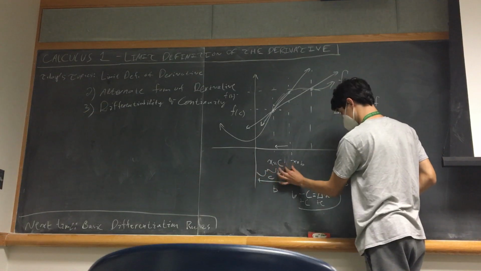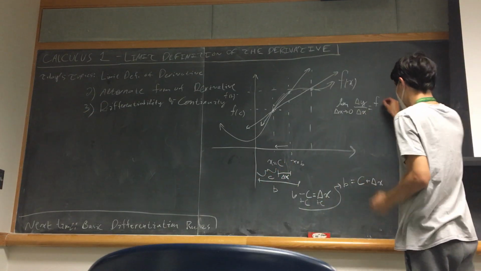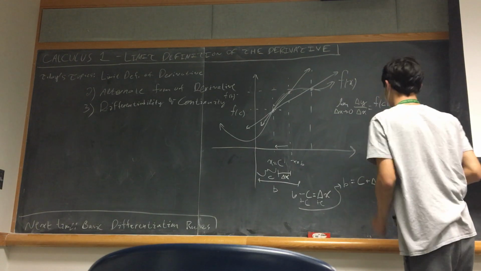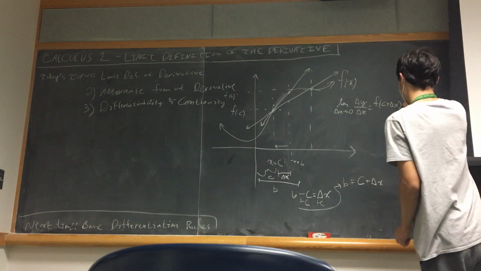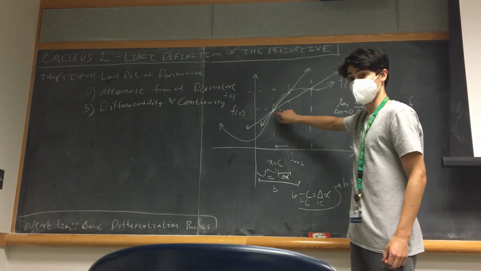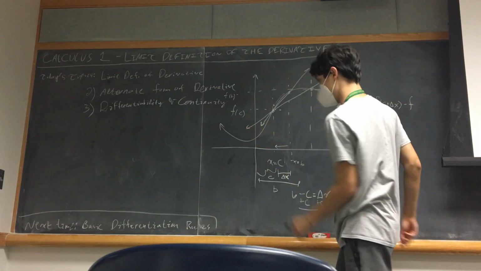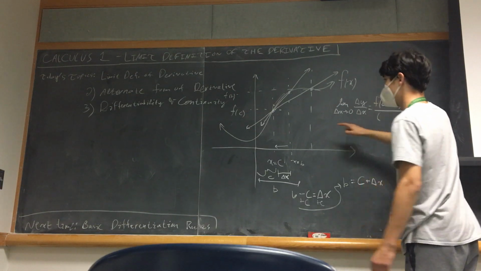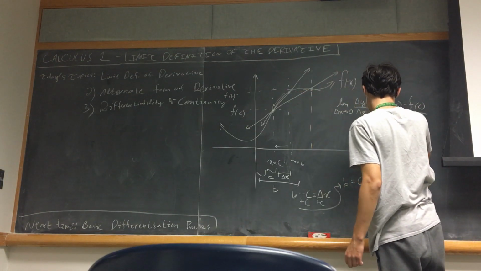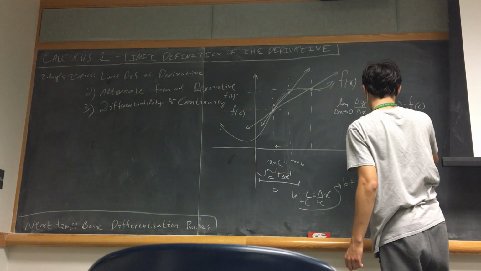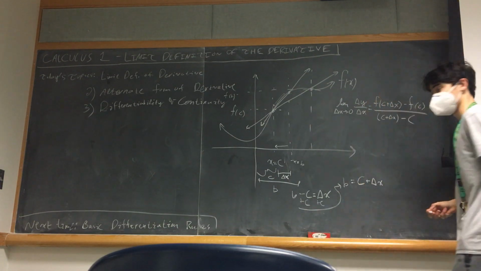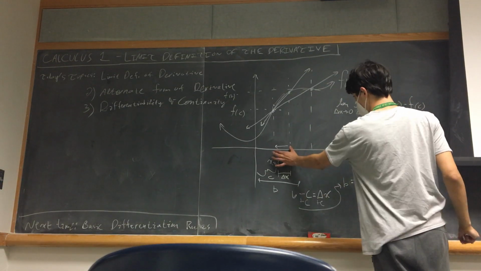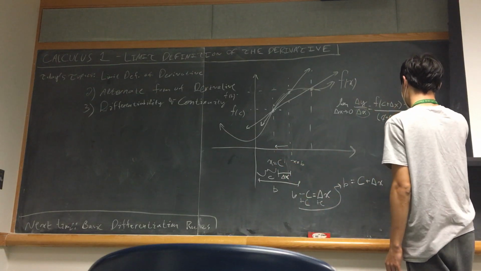So it would be c plus delta x. So our f of b would become f of c plus delta x minus f at c. c is still our first point, and this f of c doesn't change. Divided by, now our x value here at b is c plus delta x minus c. As you could expect, delta x is just the change in x. This c cancels and this c cancels.